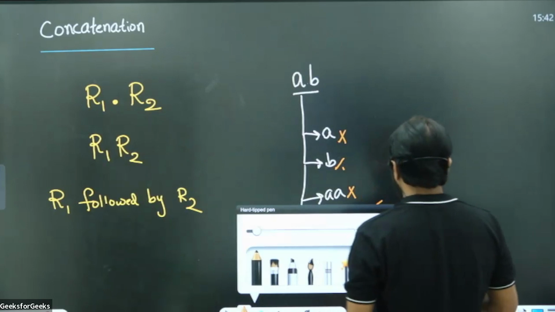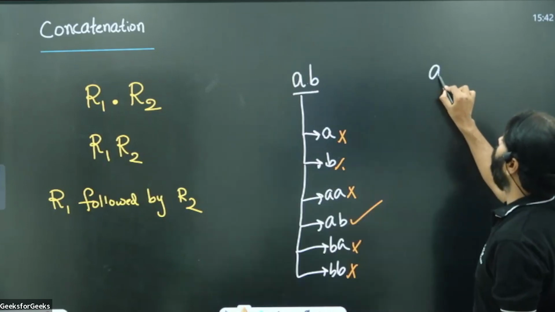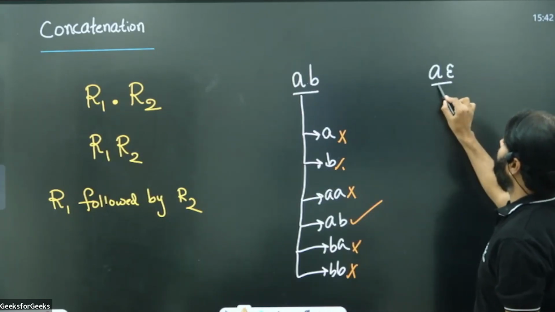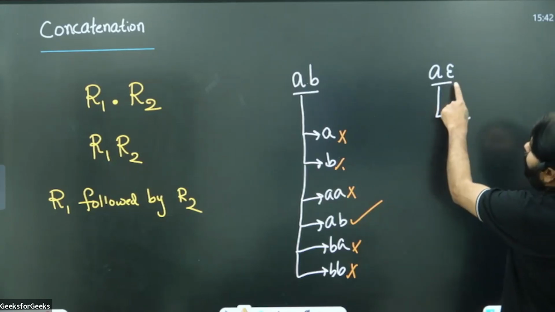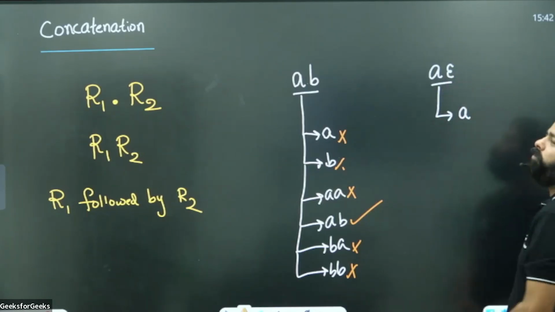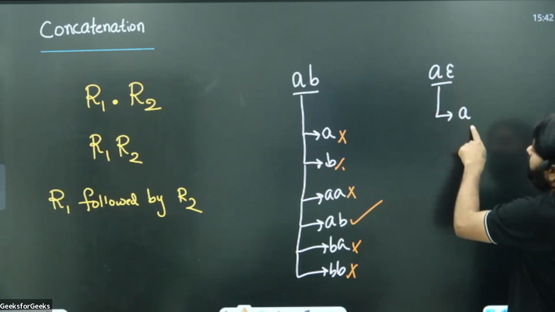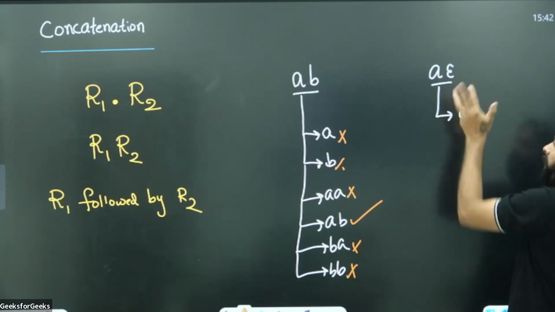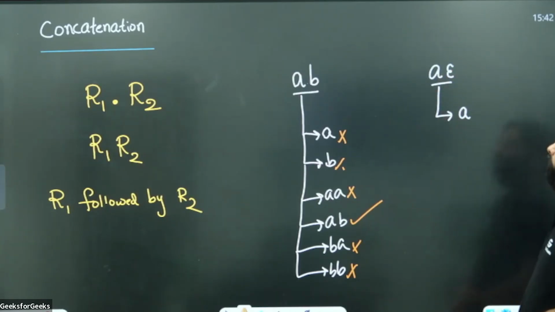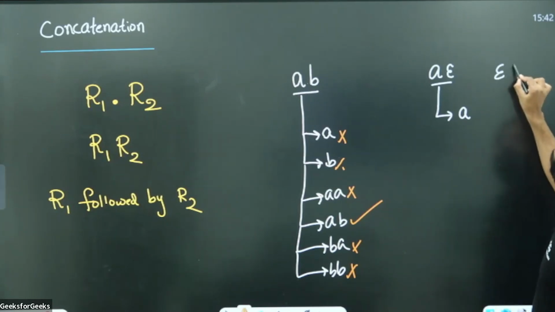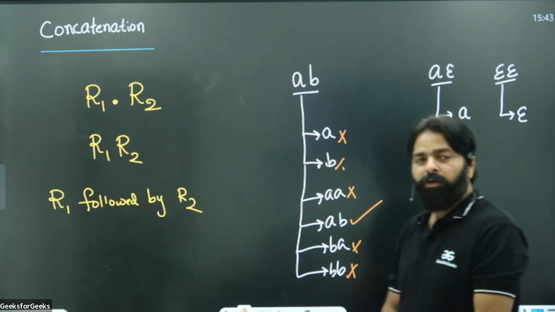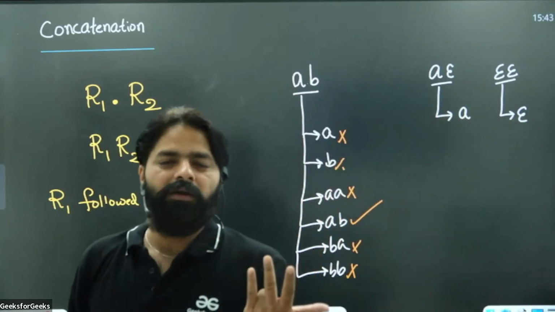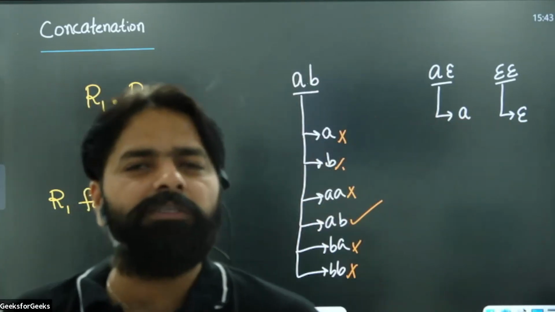If you write A epsilon, you will get only A. Why? The meaning of A epsilon is that after A there is no symbol. A means one symbol, epsilon means no symbol. So A epsilon you can write as A. Epsilon epsilon you can write as only one epsilon, because epsilon means zero symbols followed by zero symbols, which is zero symbols.